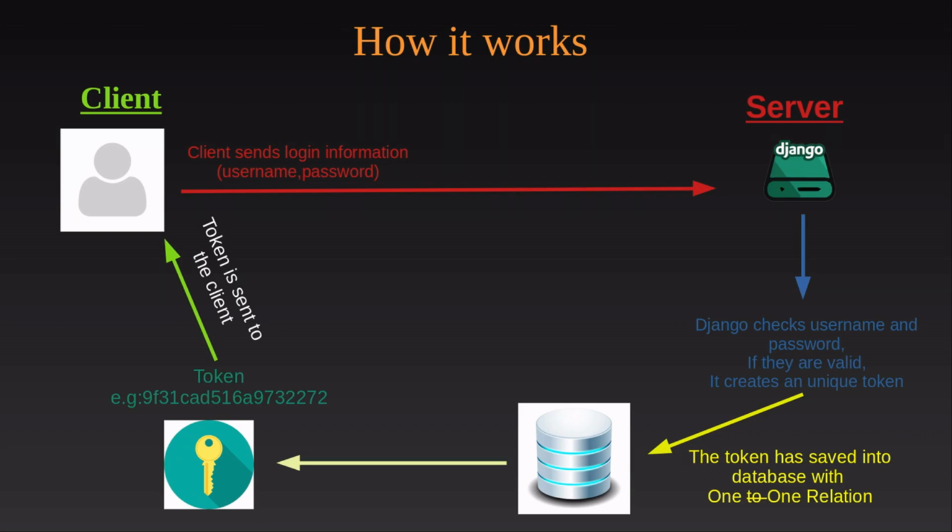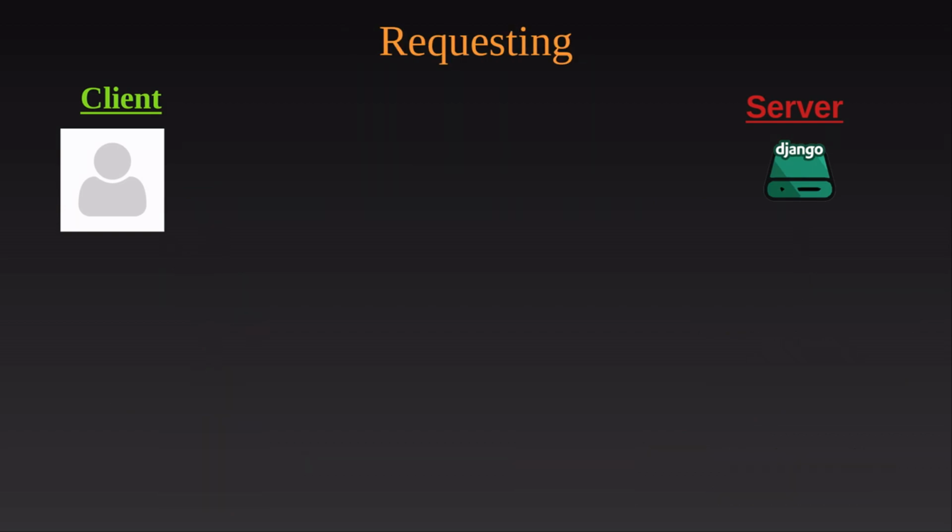The following question is, what if the user wants to access an endpoint that requires authentication? How do tokens come into play? The new scenario is that this client wants to access an endpoint. This client needs to send its own token to the server in the authorization HTTP header, just like we saw in basic authentication.